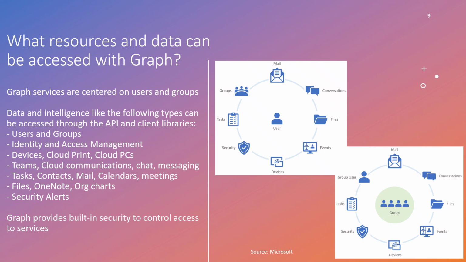Graph gives us the ability to access and manipulate resources such as devices, tasks, files, mail, and conversations of a single user or a user group. Security is a critical part of any organization, and Graph provides that built-in security to control access to services.